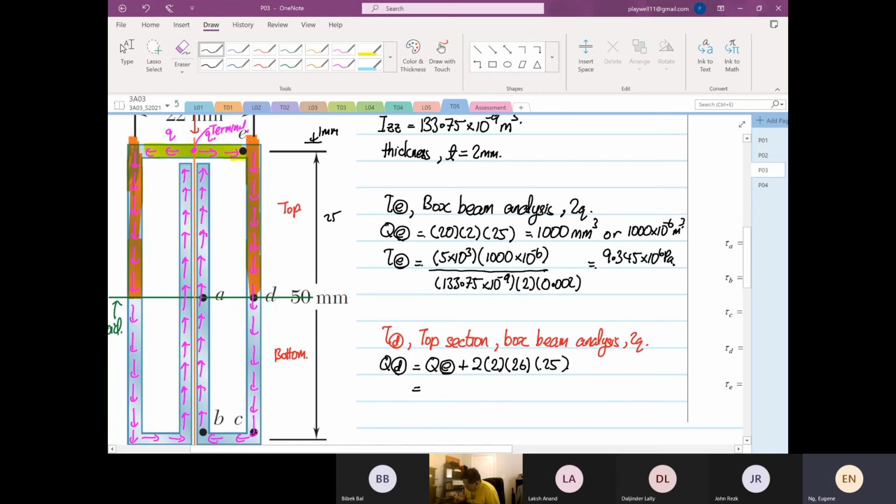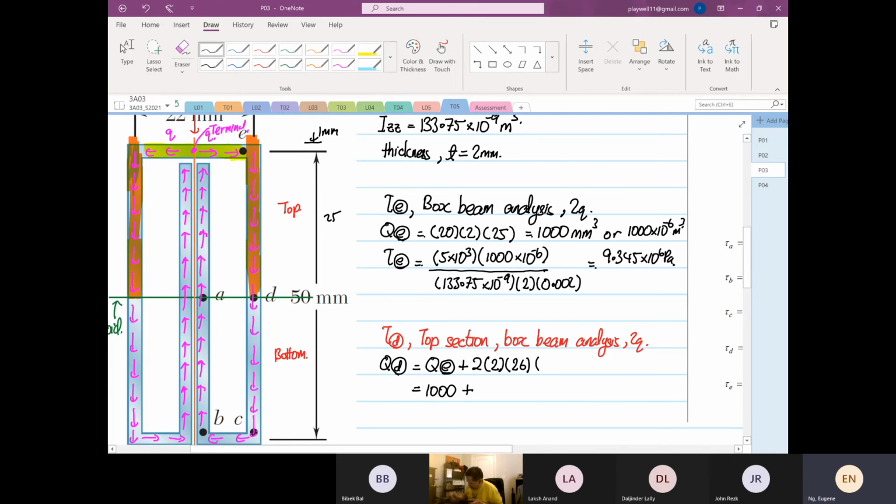So Q at point D will be equal to 1,000 plus 25 times 26 times 2 times 2. What am I doing?